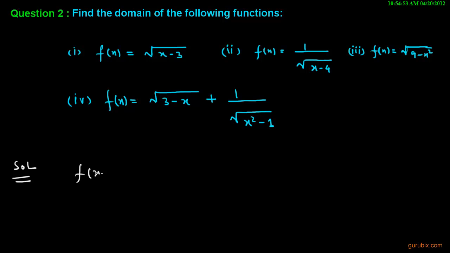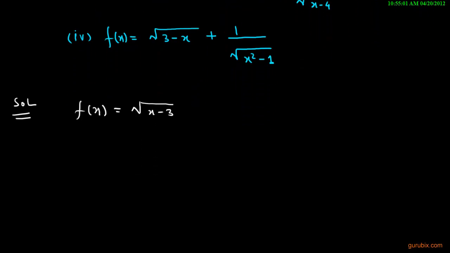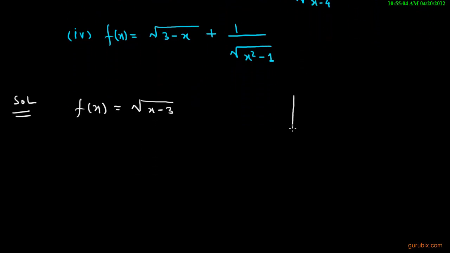f(x) equals under root x minus 3, and we know that a square root function exists or assumes real values if, suppose we have a square root function f(x) equals root x, then this function will assume real values if x is greater than or equal to 0.